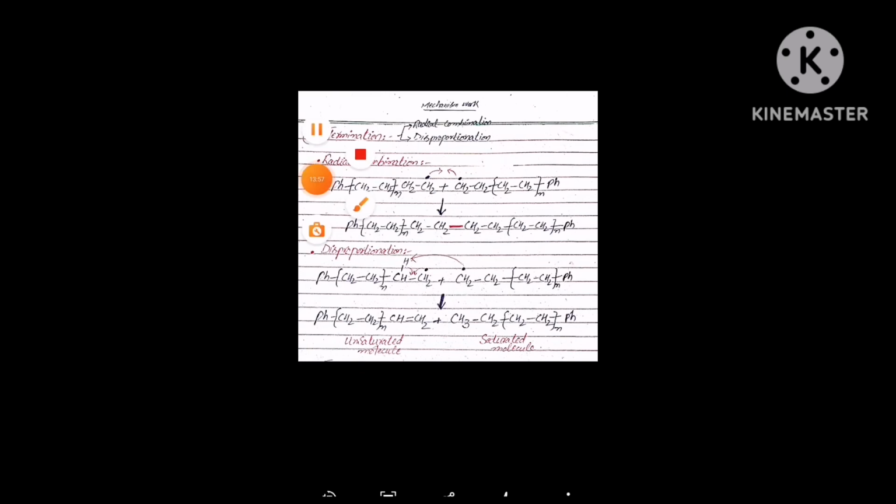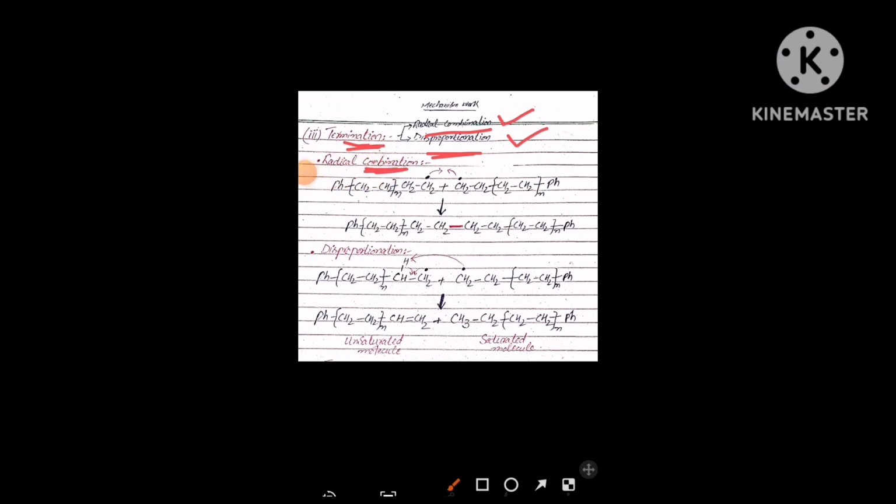In the last step, the termination step, the mechanism works in two ways, as we studied in the theory topic. Either it may be radical combination or disproportionation. We will discuss both cases one by one. The first one is radical combination.